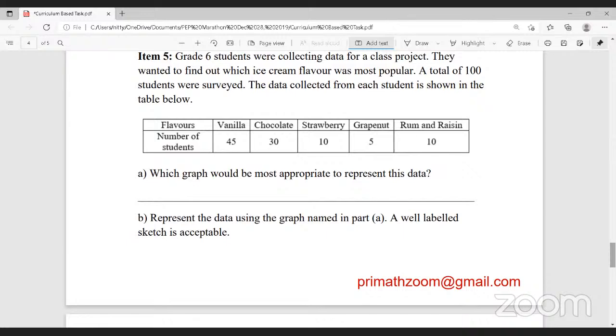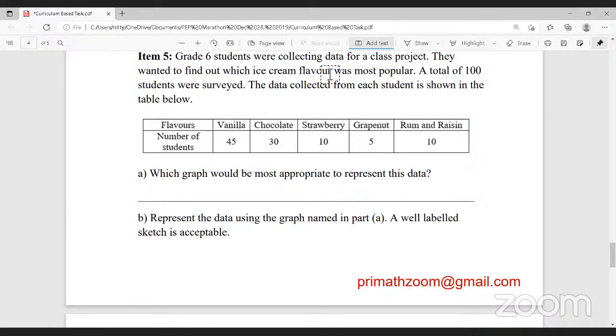All right. So some persons can use a bar graph, some can use the pictograph, but the most appropriate graph would be the pie chart, because the pie chart is really out of 100, like a percentage. And here we have 100 students.